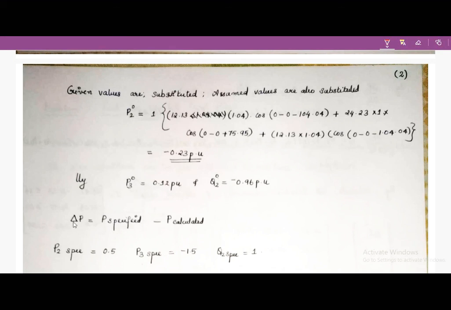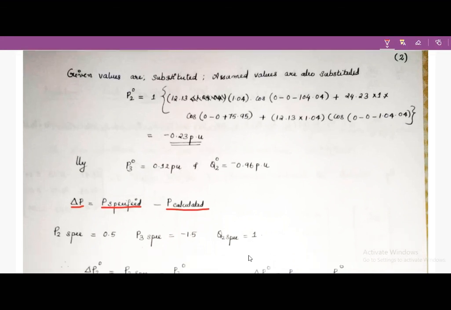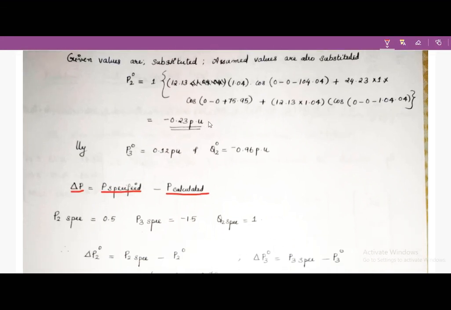Now coming back to our main equation, what was delta P? Delta P was P specified minus P calculated. What are the specified values of P? We have seen the specified values from the table, isn't it? P2 is equal to 0.5, P3 was equal to minus 1.5 and Q2 was equal to 1. And now we have seen all the calculated values.